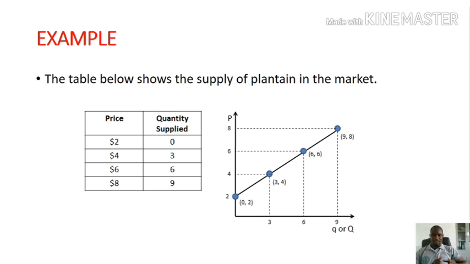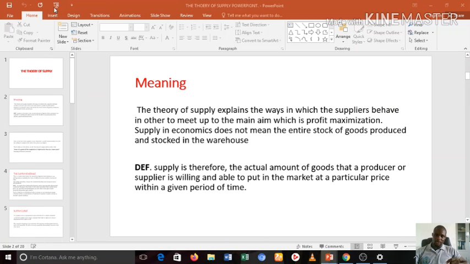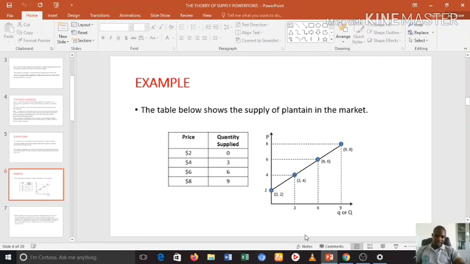On our supply curve we realize that it slopes upward from left to right. Now when the price is $2, quantity supplied is 0. This is the illustration.